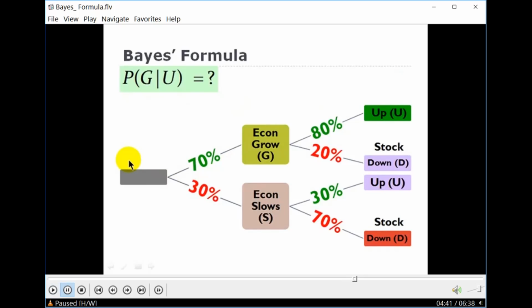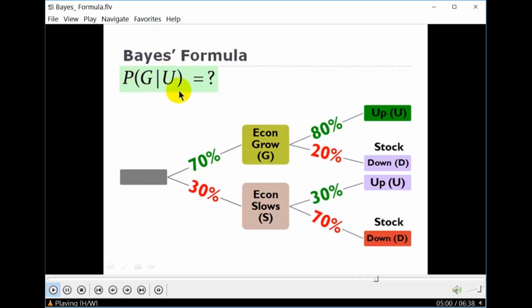So what if I'm observing the stock and trying to figure out what is going on with the economy? What if I observe at the end of the year that the stock went up? Knowing that, if I have that prior information, what is the probability that the economy in fact grew? See how that's the conditional question?